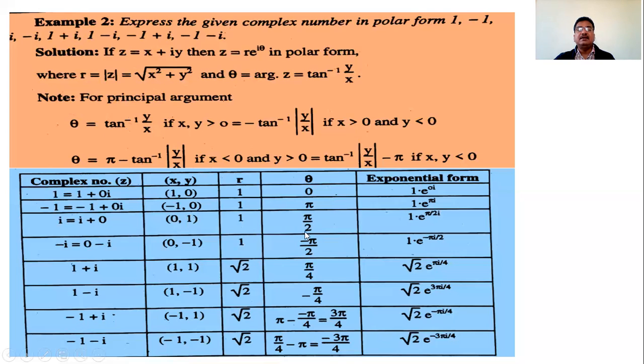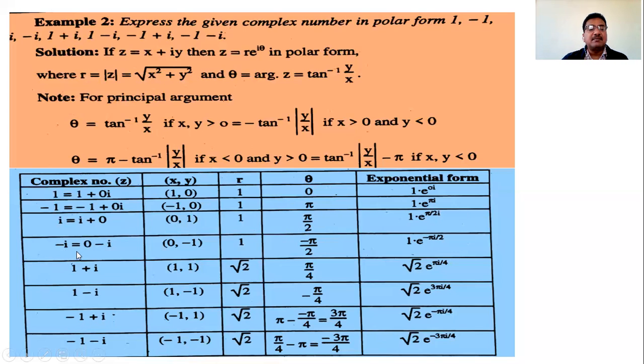Tan inverse infinity is pi by 2 because tan pi by 2 is infinity. So we have the answer pi by 2. This is the exponential form. And the polar form is 1 in bracket cos pi by 2 plus i sin pi by 2.